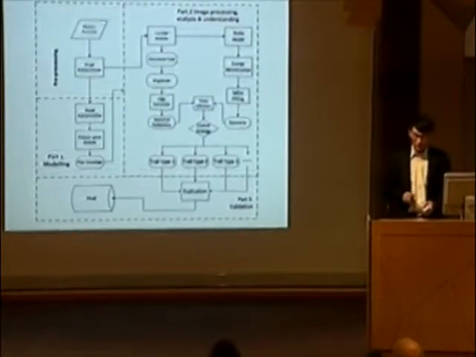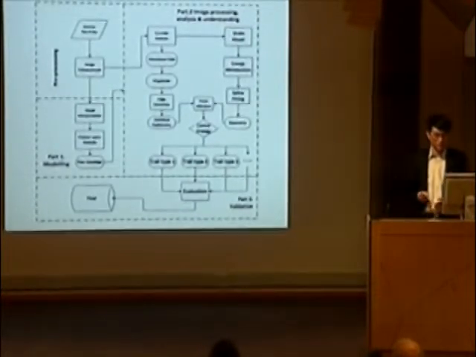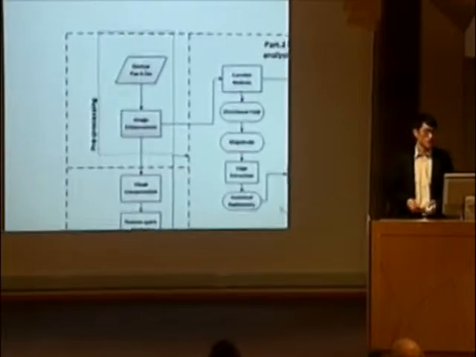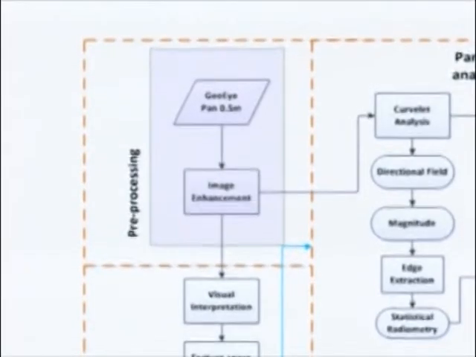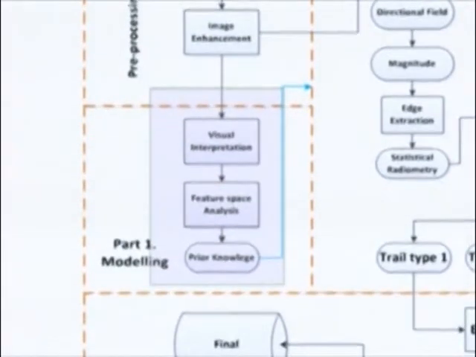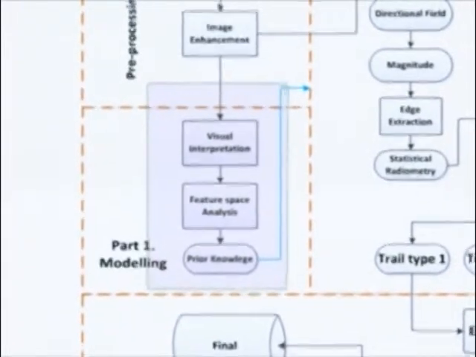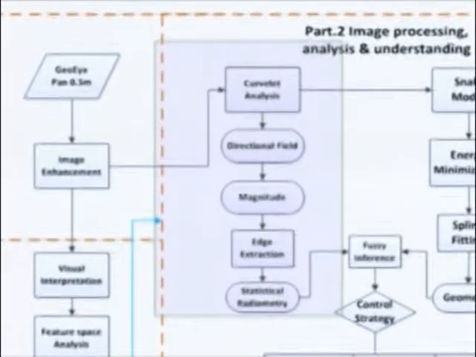Four parts constitute my whole research. For the pre-processing part, image enhancement was conducted to get a better visual interpretation and a better priori knowledge for the image processing part. Since my method is a curvelet-based approach, the directional field and the magnitude were calculated based on that, and the edges were detected based on the magnitude.